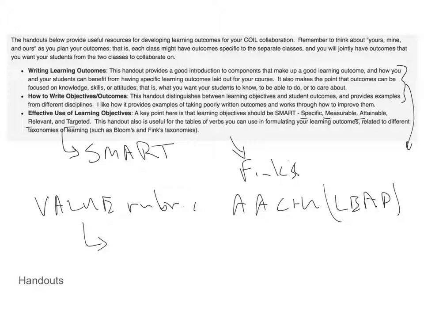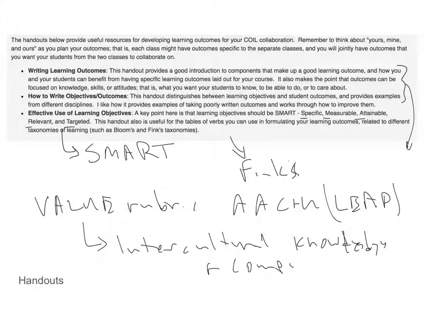And I've uploaded the VALUE rubric for the intercultural knowledge and competencies. To the extent that you do want to focus on intercultural outcomes as well as disciplinary outcomes when you're thinking about your learning outcomes for your course and your collaboration, you may find this AAC&U document to be useful.